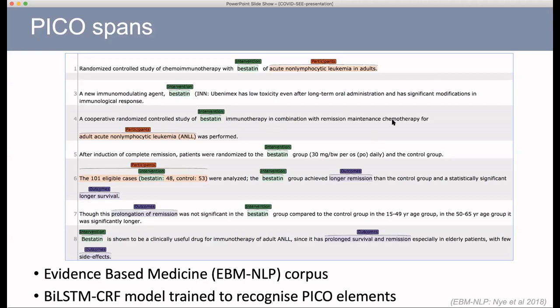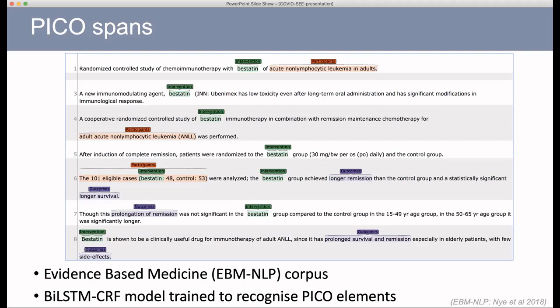And so leveraging that, we trained a BioLSTM CRF model. I'm not going to go into the details, but essentially it's a sequence tagging model that allows us to recognize those core PICO elements in the literature. In fact, it's just PIO because the control group is often not entirely relevant to the question that's being asked.